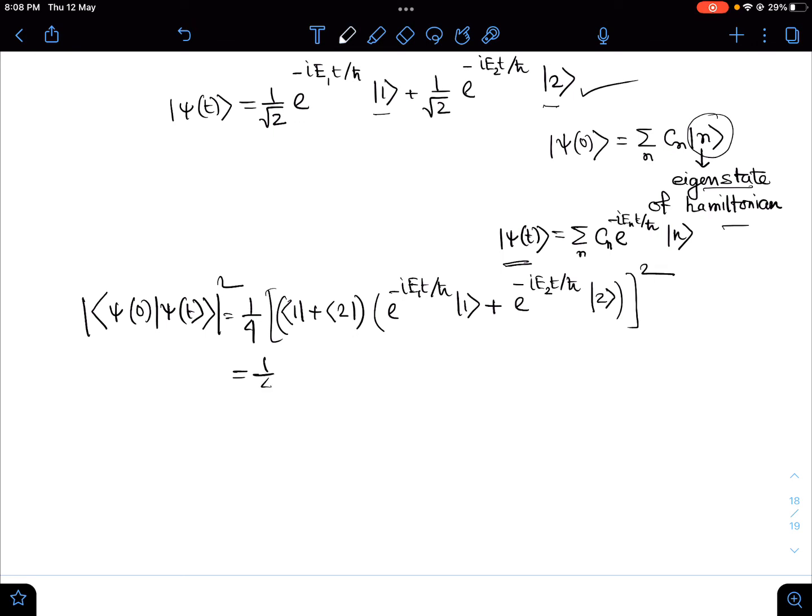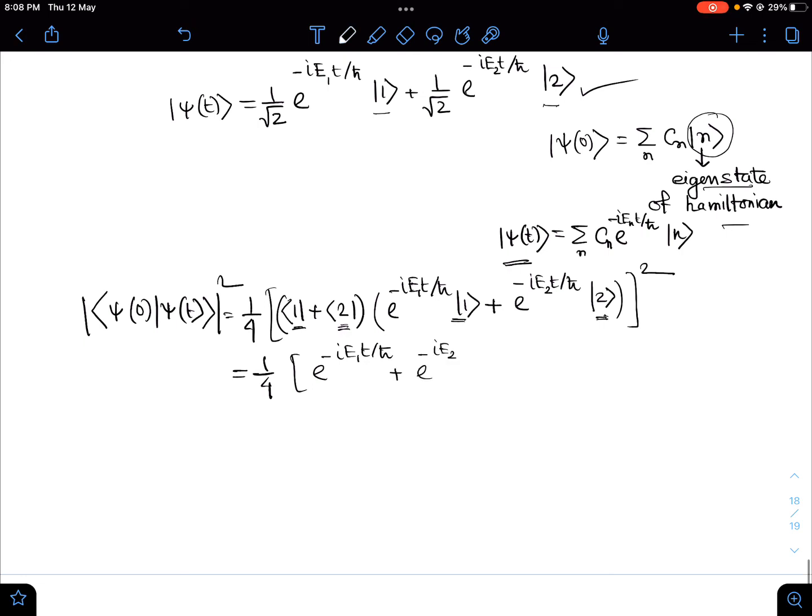From the orthonormality condition, the bracket product <1|1> will be 1, so we will have e to the power minus i E1 t by h cut. This term will be 0, this term will also be 0, and we will have the last term, e to the power minus i E2 t by h cut.